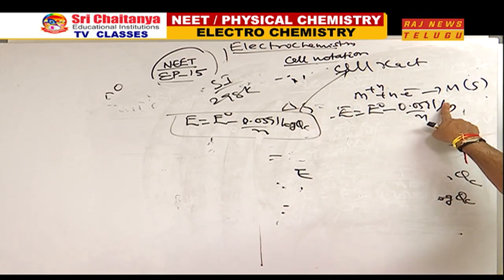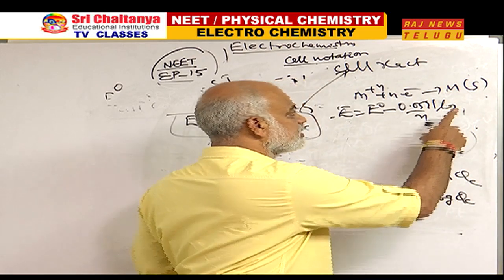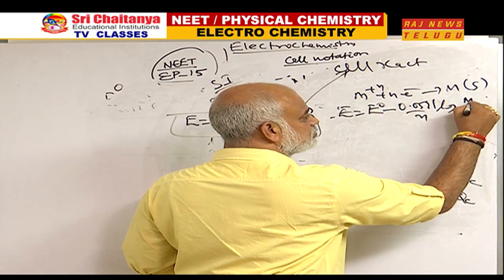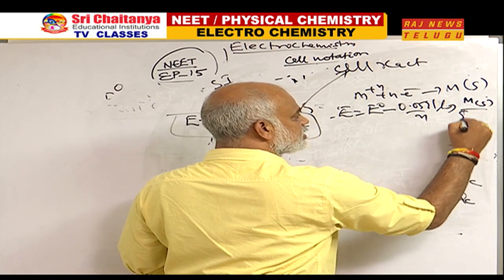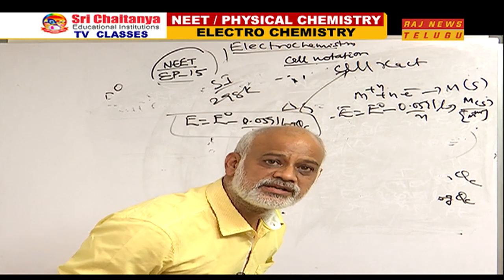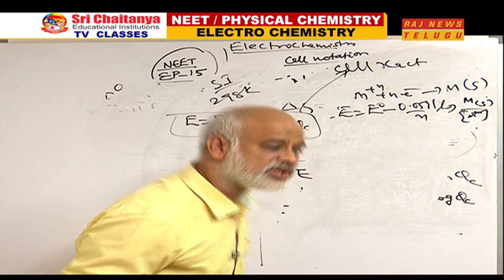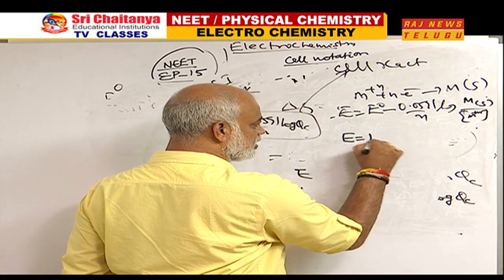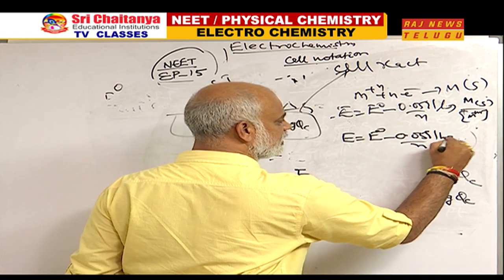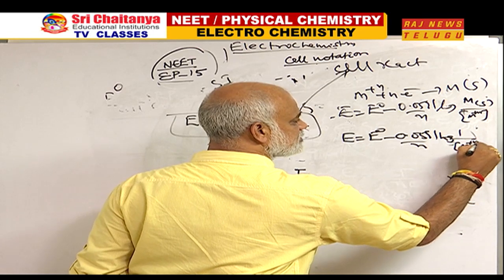What is product? M. What is reactant? M plus, the metal ion. But for solids, the concentration is taken as unity. Therefore, E is equal to E naught minus 0.0591 by N logarithm of 1 by concentration of metal ion M plus.